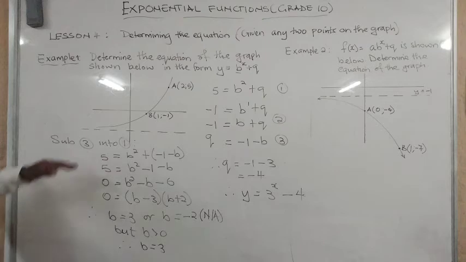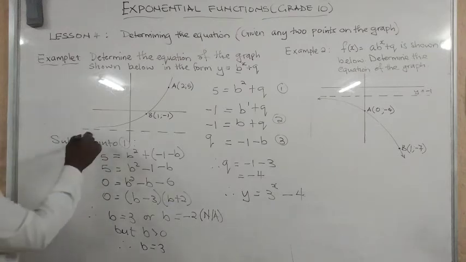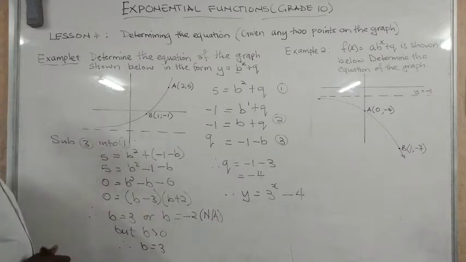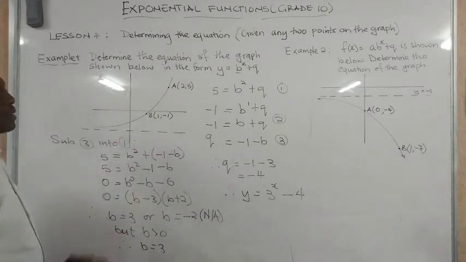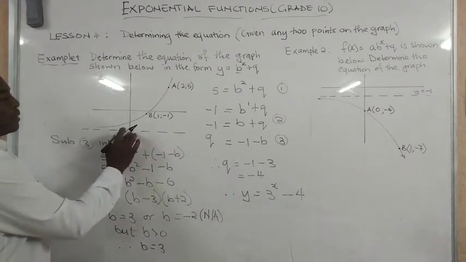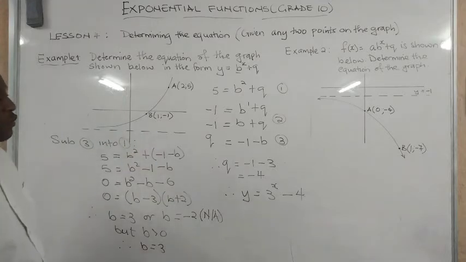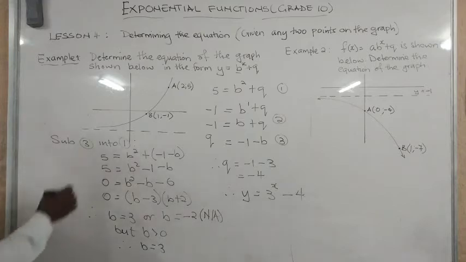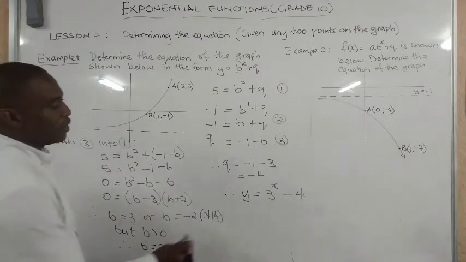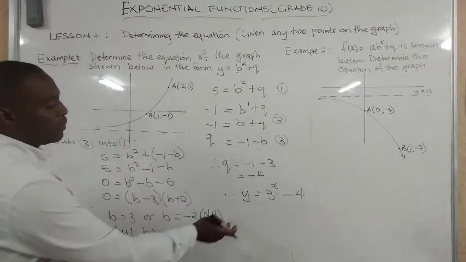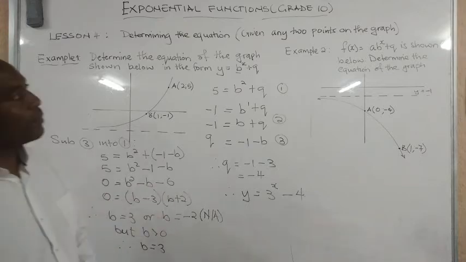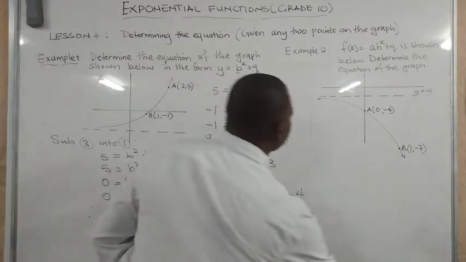And if we check also on our graph, we can see where the horizontal asymptote is. It is below the x-axis. That means it's cutting the y-axis at a negative number, that is negative 4. And the graph is increasing, which we can see with the value of b there, that it is an increasing function.